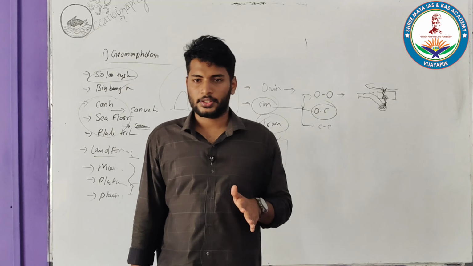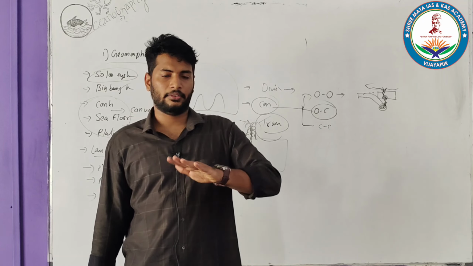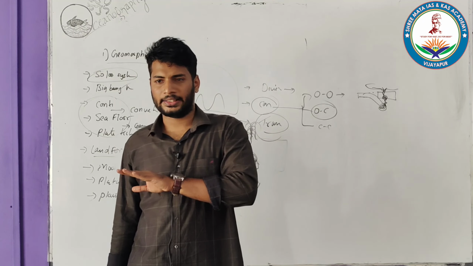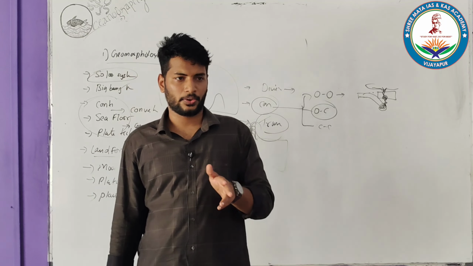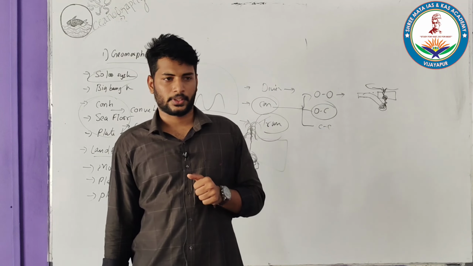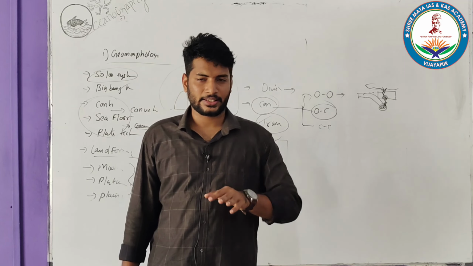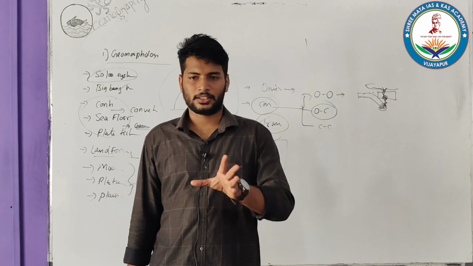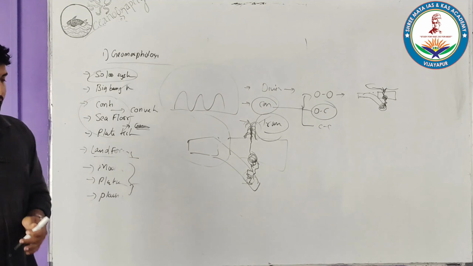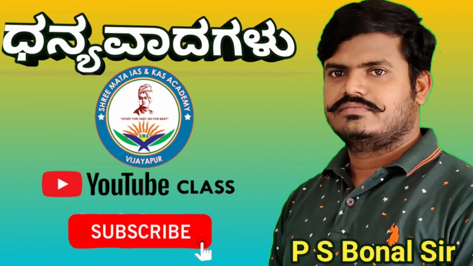So this is what tsunamis are, and we also covered tsunami mitigation, which is very important for your disaster management, GS3 perspective. Just have the mitigation ideas. It's a very simple, very small portion. So those are the catastrophic events, and that is all about the geomorphology portion. Clear? Any doubt?